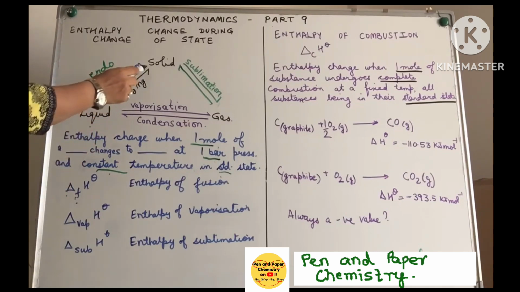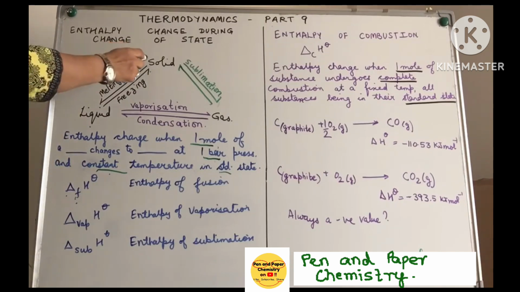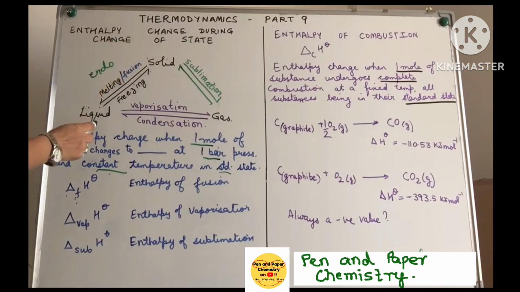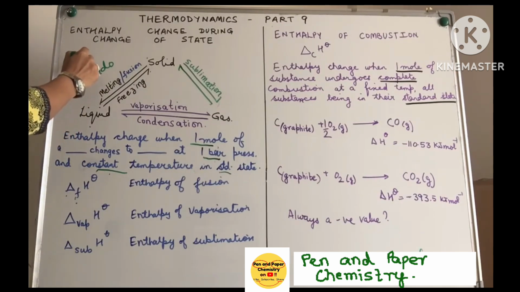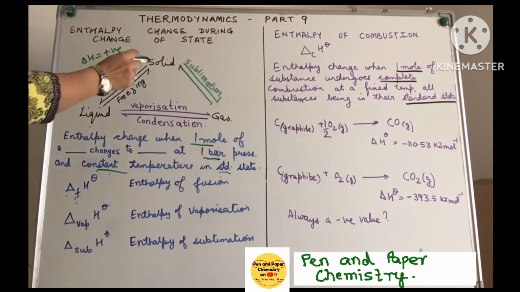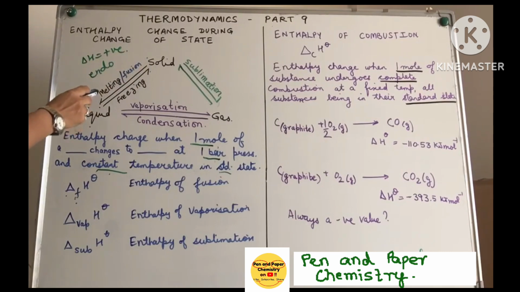The reverse process, that means liquid changing to solid, is called freezing. We said that when a solid changes to liquid, it's an endothermic process. That means heat is absorbed. Heat is absorbed means the delta H value that we get for this particular process would be positive when we are talking about the enthalpy change of fusion or melting.